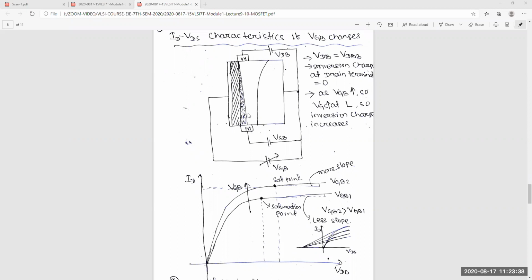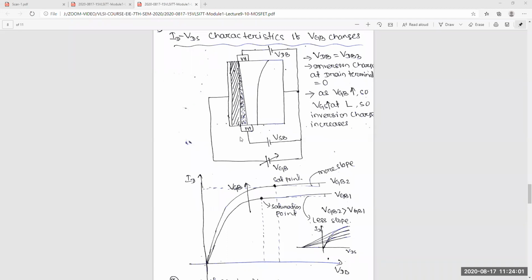Then definitely the electric field in the gate direction will be comparatively more than the other direction. Yes or no? Yes, sir. Okay, be active actually.